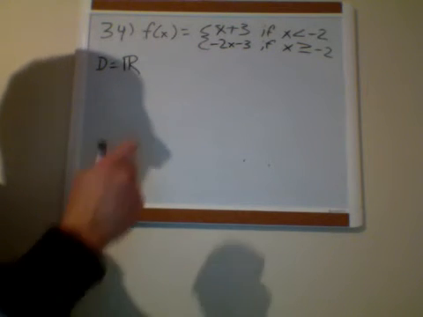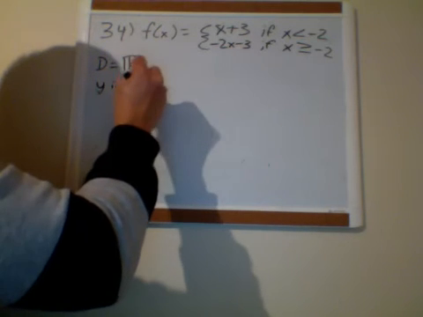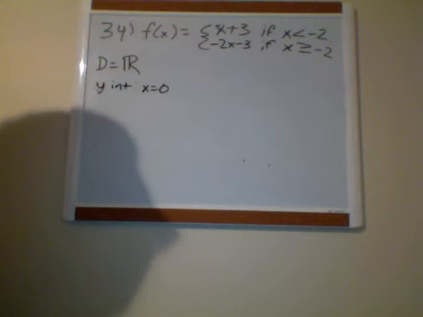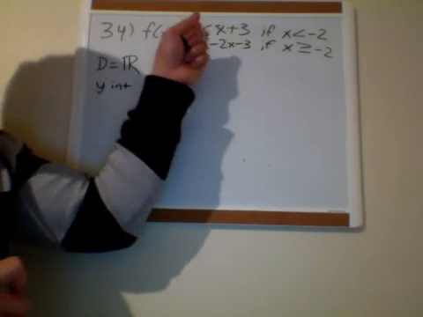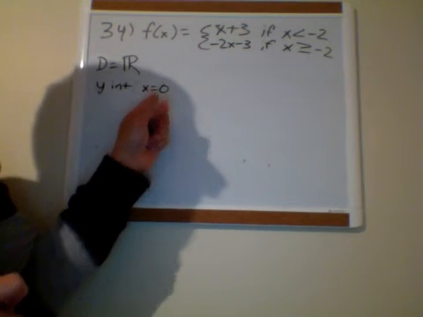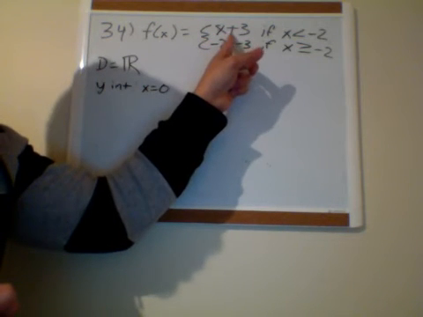Now if I want to find the y-intercept, I need to set x is equal to 0. Okay. Now I check over here at my two functions. X is equal to 0 will not occur on the top function, right?